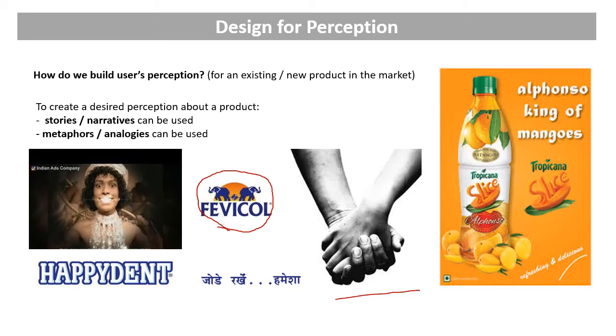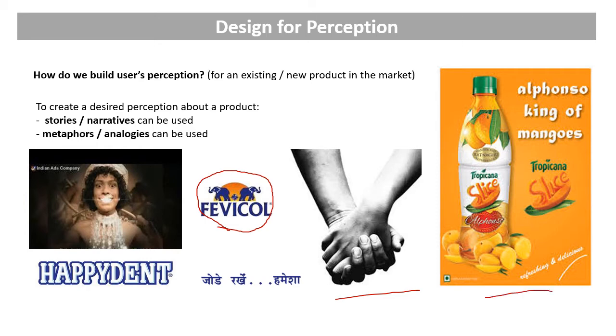And also in the advertisement of this popular mango drink, even if the drinks are synthetic, it is projected in a way that it is made from pure mango pulp, so as to create this perception in users' minds that it is quite a natural drink.